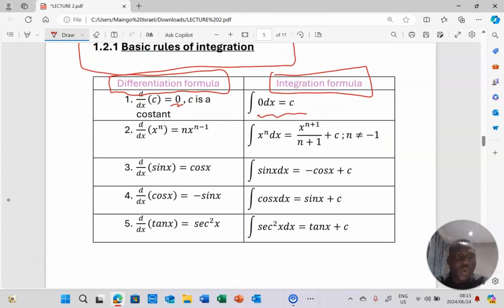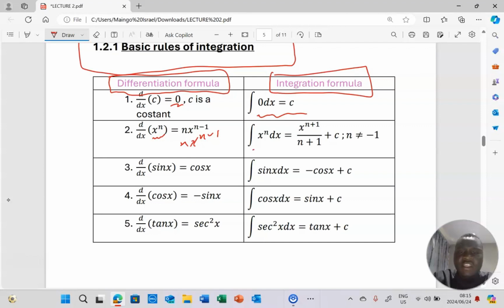So we have the power rule in integration and the power rule in differentiation. The derivative of x to the power n is n times x to the power n minus 1.